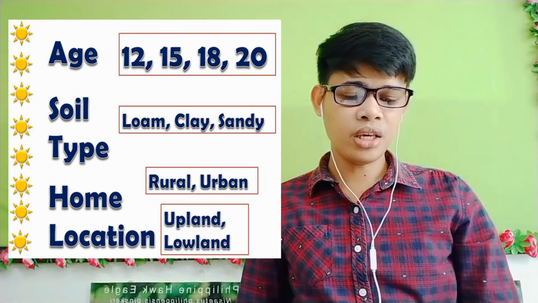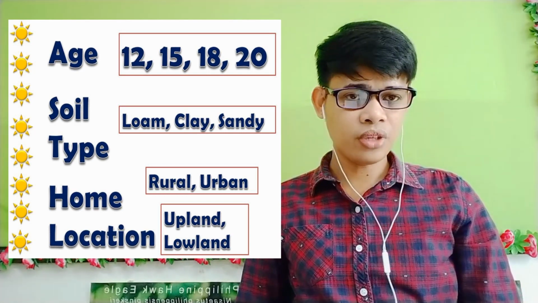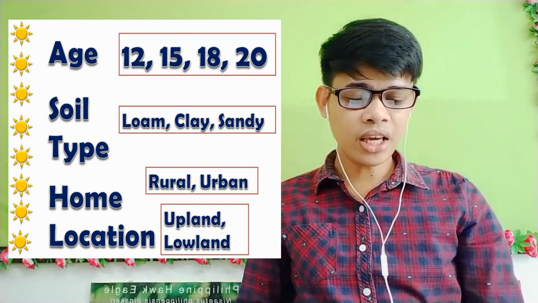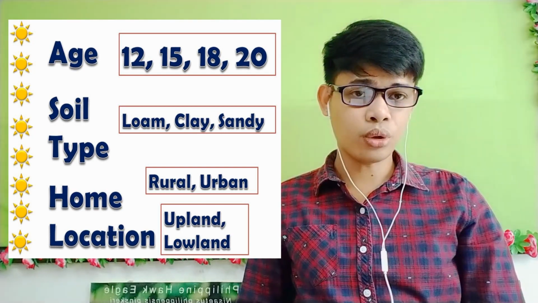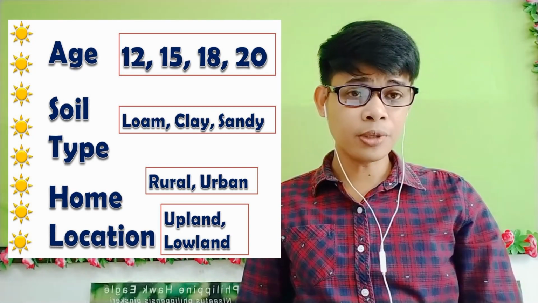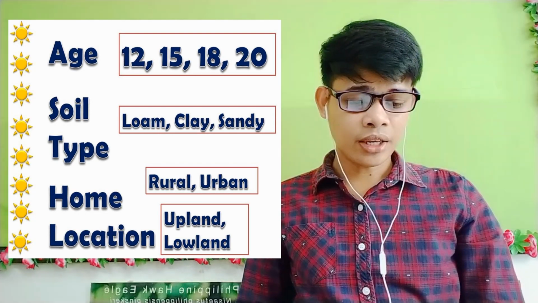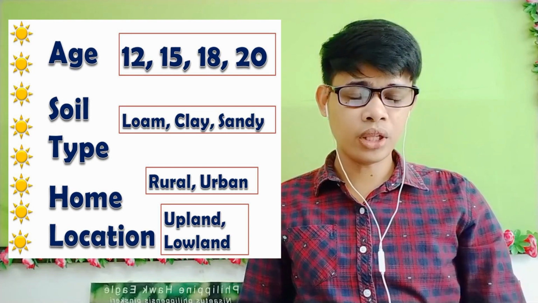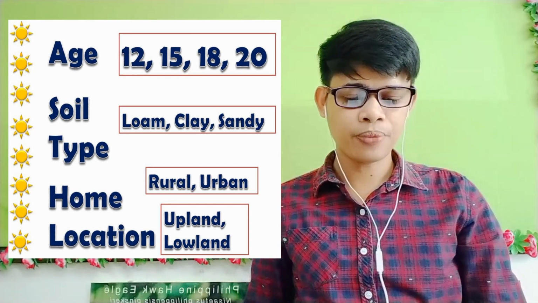It could either be 12 years old, 15 years old, 18 years old, or 20 years old. So the variable age here has 4 categories or 4 values. These are examples only, and these values can vary depending on the sample that you will select in your research.